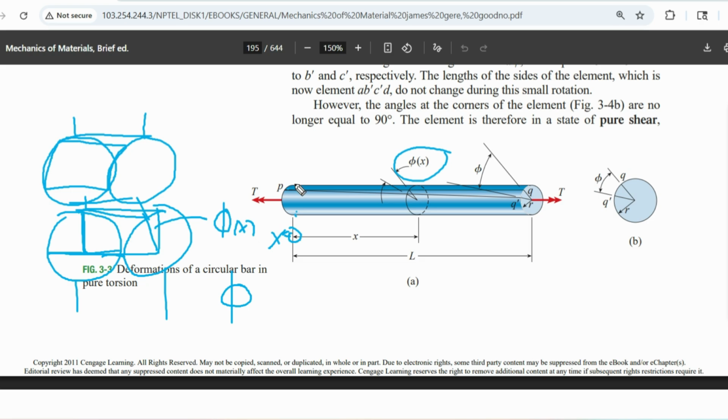Well, what is this? If I take my small little differential slice there, this is phi of x. This is phi at a distance dx. And so this angle is the change. We went from 0 to the smallest change of angle possible.